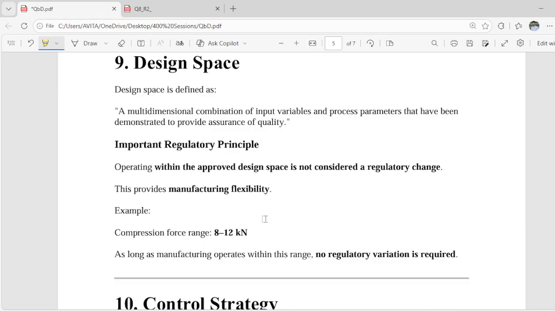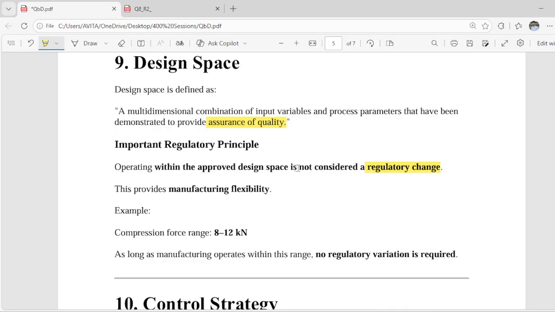Now moving on to the design space. Design space is defined as the multidimensional combination of input variables and process parameters that have been demonstrated to provide the assurance of quality. So, an important regulatory principle: operating within the approved design space is not considered as a regulatory change.